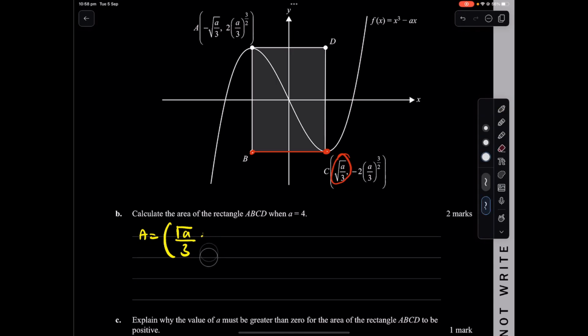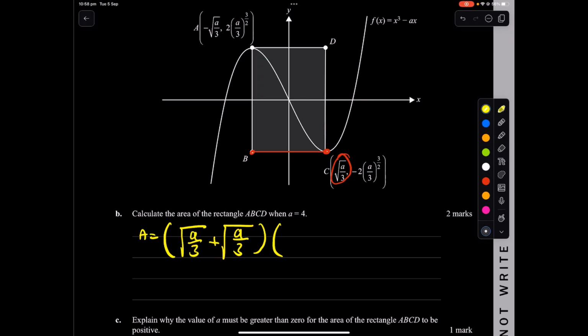Well, it's not this, actually. It's root a on 3 plus root a on 3, times this minus 2 a on 3 over 2 minus 2 a on 3. Okay.